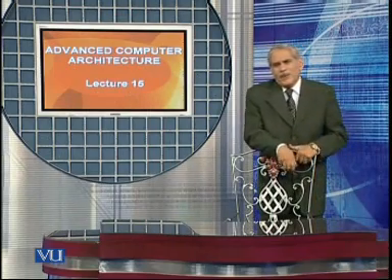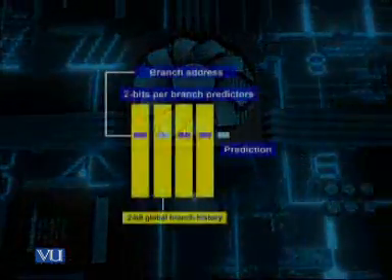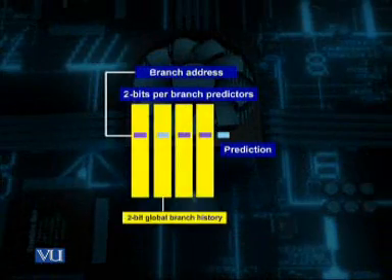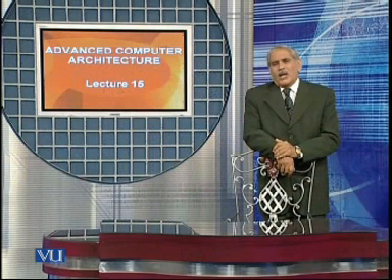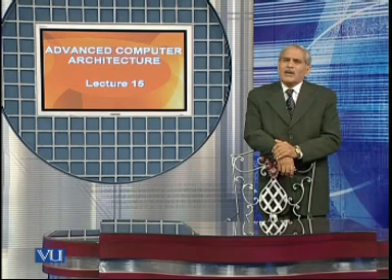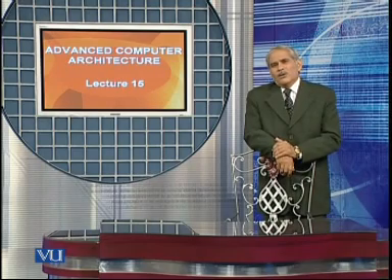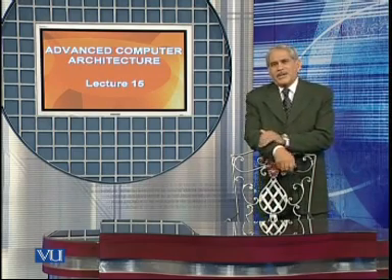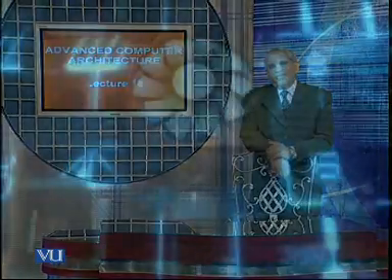Here we have discussed dynamic branch prediction with the help of the 1-bit branch predictor, the 2-bit branch predictor, and the correlating branch predictor. We can compare the accuracy of these different types of branch predictors by using the SPEC 92 standard.